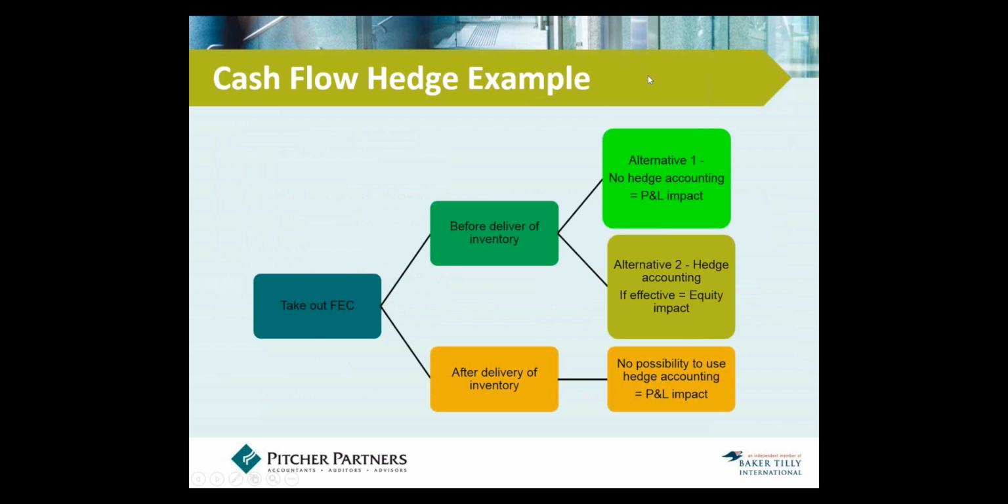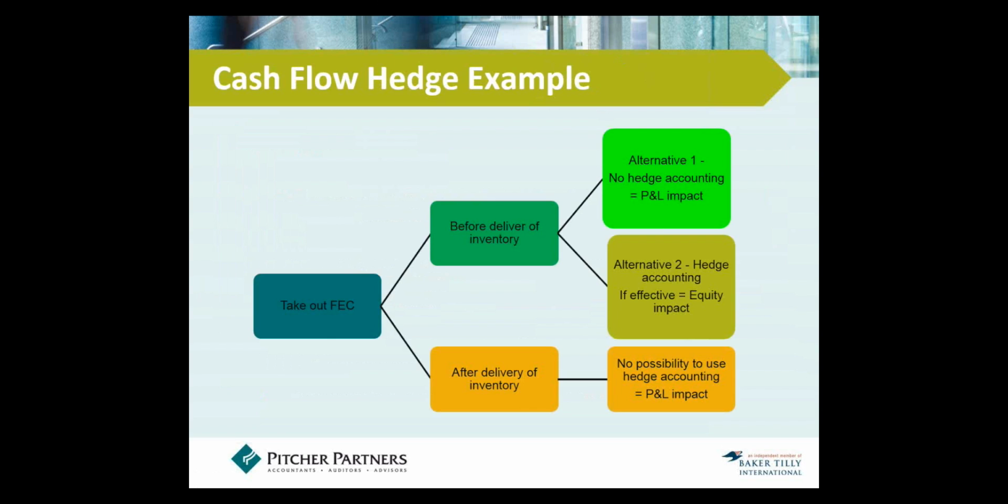The one that's more problematic is a cash flow hedge. It's the one that we see more often in practice and the one that's quite difficult. So I've thought, let's look at inventory, because this is where we often see it. And let's say we take out a foreign exchange contract.